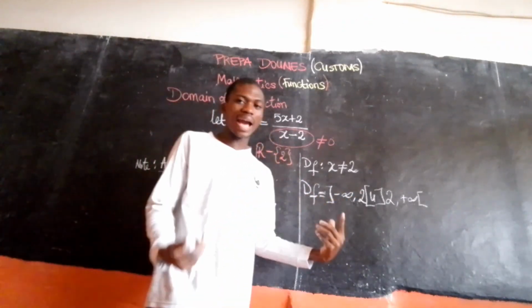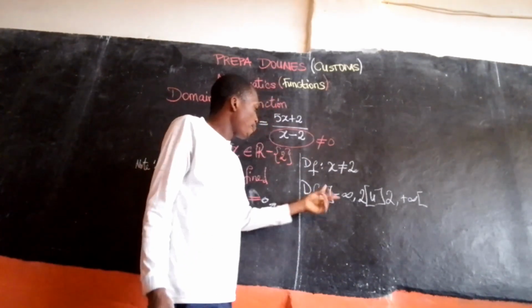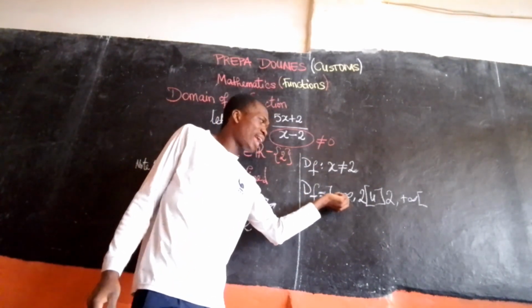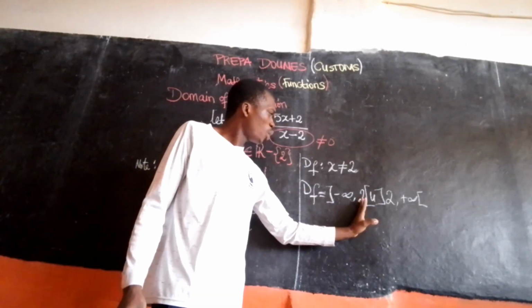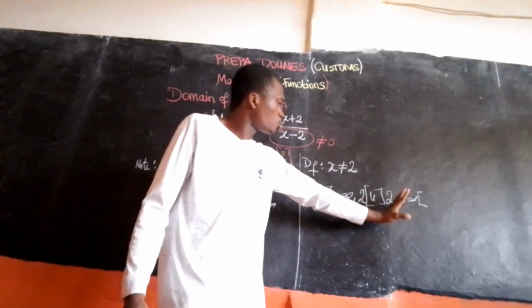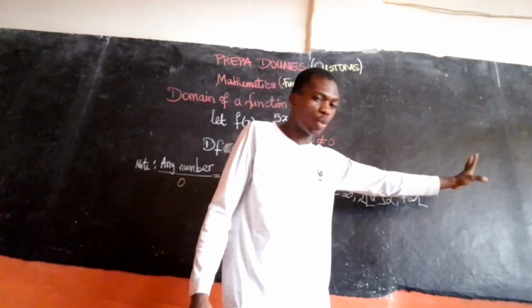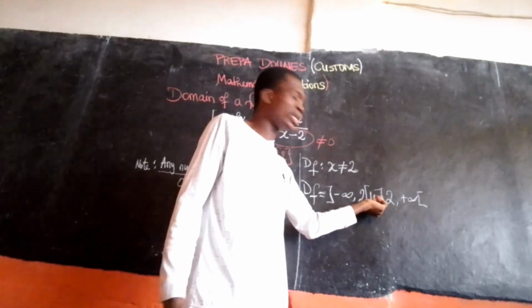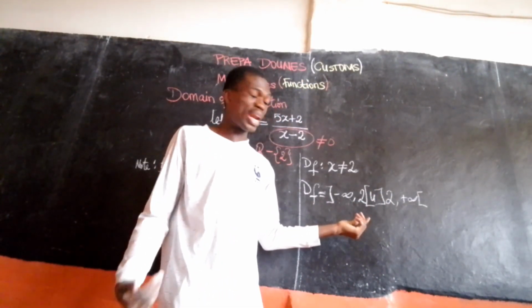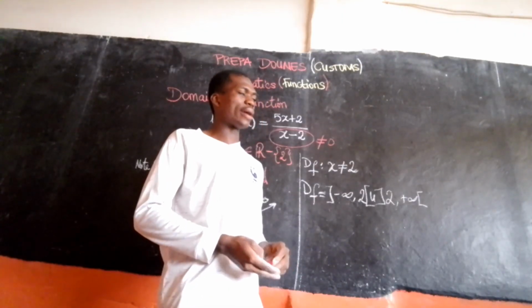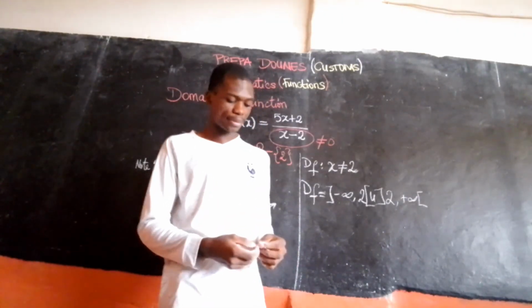Meaning that x can take all values between negative infinity and 2, but it cannot take 2. And after 2, it can take numbers again from 2 right up to positive infinity. Only 2 is excluded.